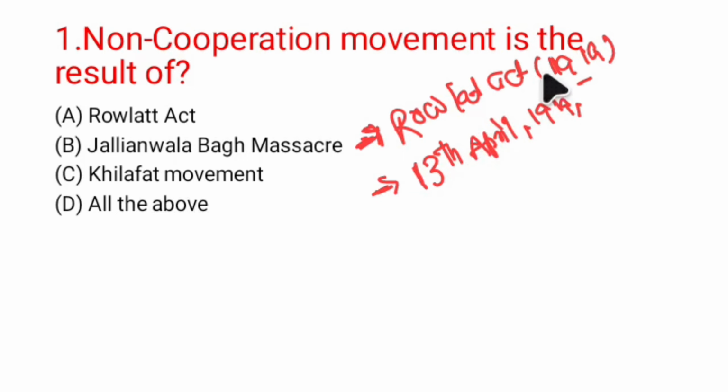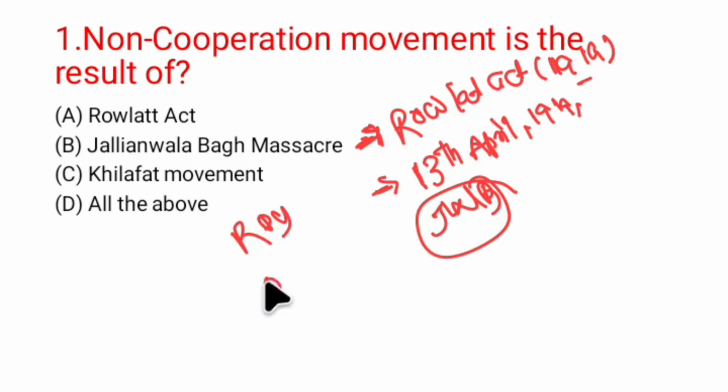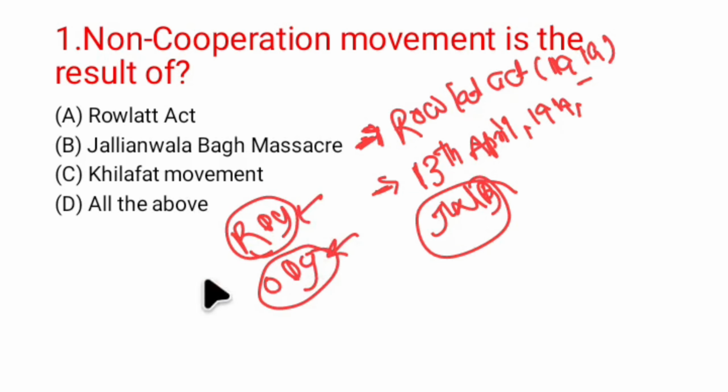1919, innocent civilians were protesting in Jallianwala Bagh without any arms, and General R. Dyer and General O'Dwyer, the military commander and the Lieutenant Governor of Punjab, ordered the firing on 13th April 1919.